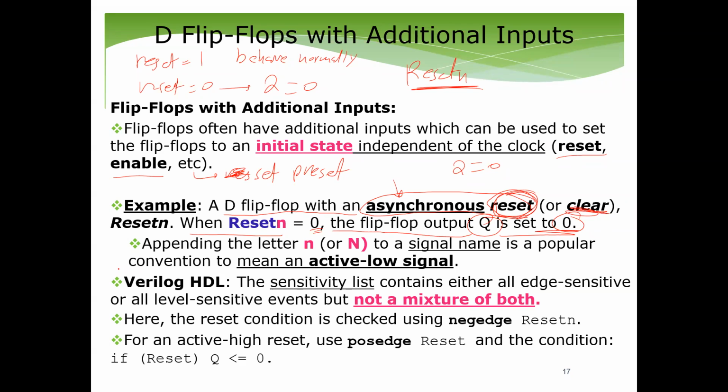Okay, clear. This part is what we talked about last slide, which was your question, Abdulaziz. The sensitivity list contains either all edge sensitive or all level sensitive. This is level sensitive.